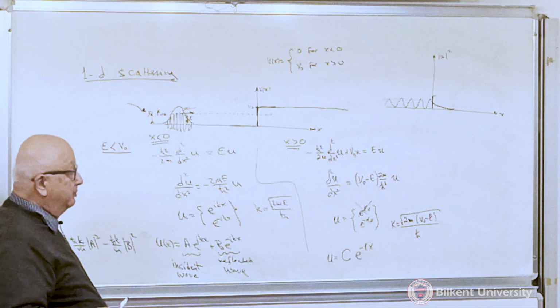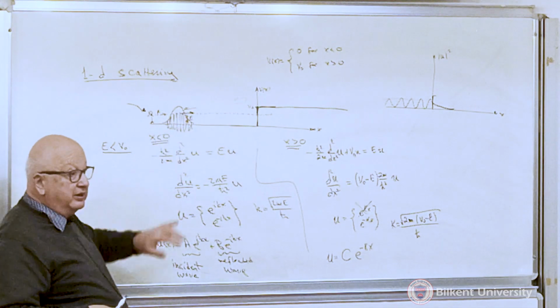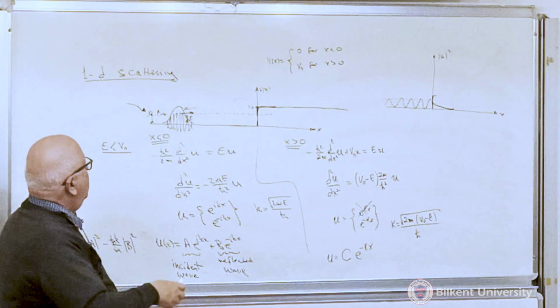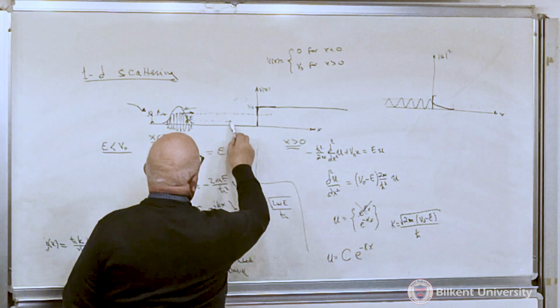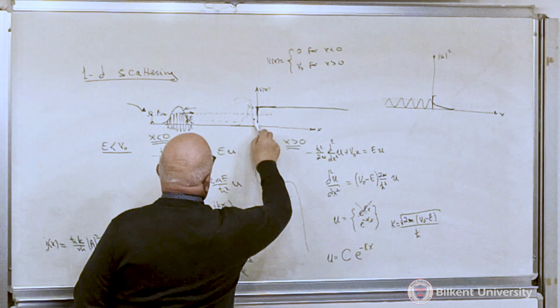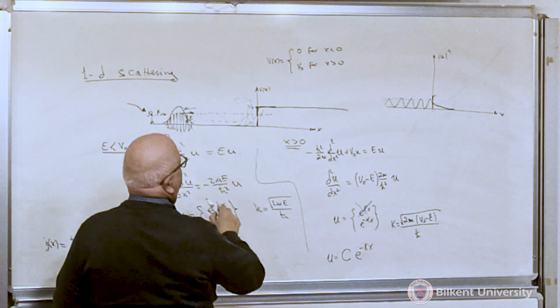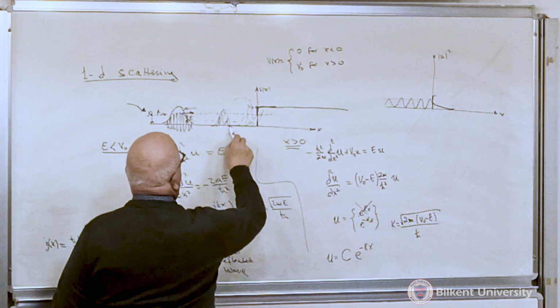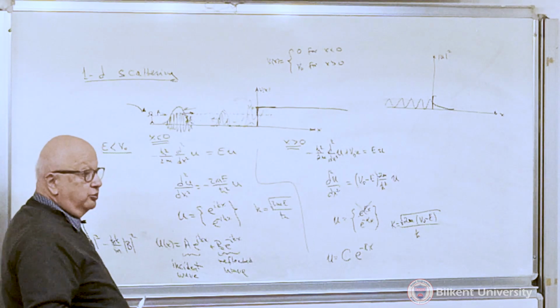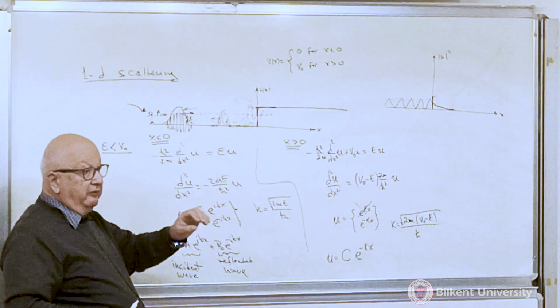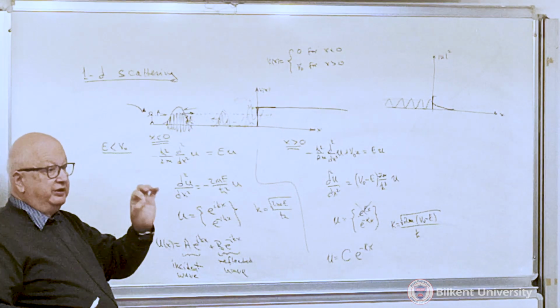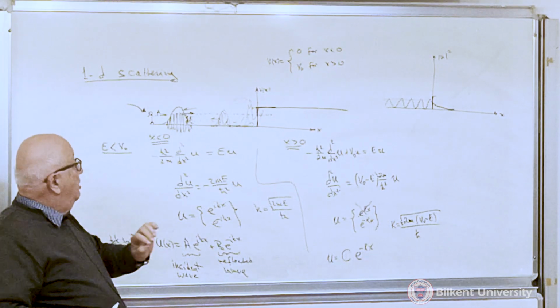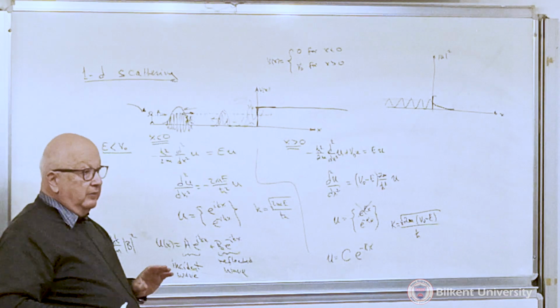Then there would be no problem, because this is well normalized. And as a function of time, it would hit this barrier, certain complicated things would happen, and then it would bounce back. So we would need to solve that problem if we wanted to solve a particle hitting a barrier. But that's a difficult problem.